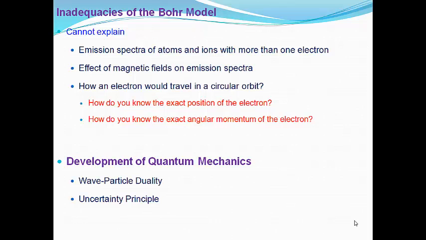If we think of the models that we looked at, let's say the Bohr model, the Bohr model has not yet incorporated fully the link between the particulate nature and the wave-like nature of the electron.